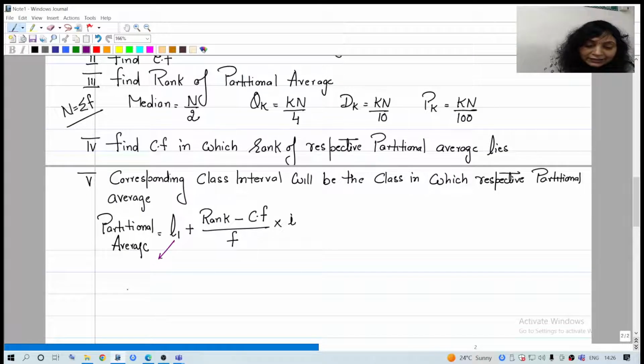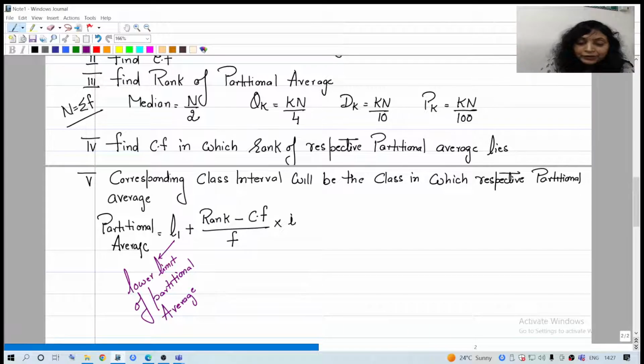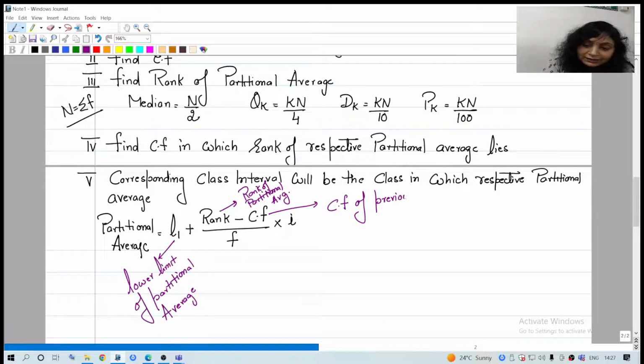L1 is the lower limit of the partitional average class. The class in which your partitional average lies, the lower limit of that class is called L1. Rank is the rank of partitional average, which we have computed: n by 2, n by 4, kn by 4. CF stands for cumulative frequency of the previous class.